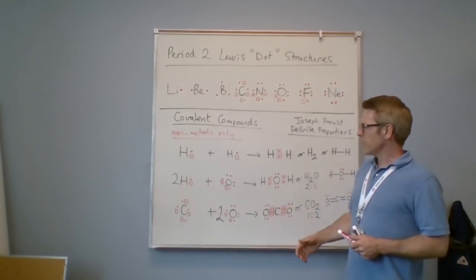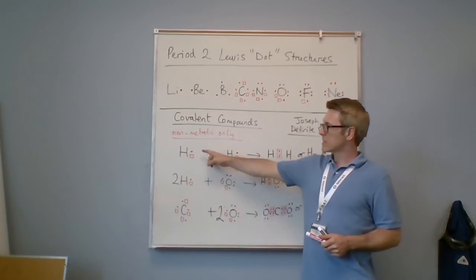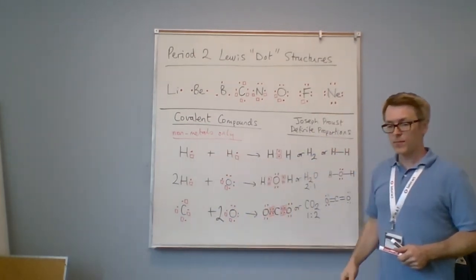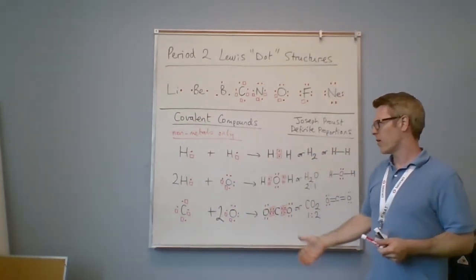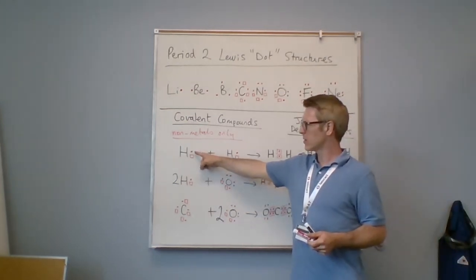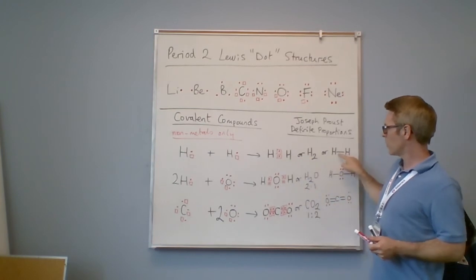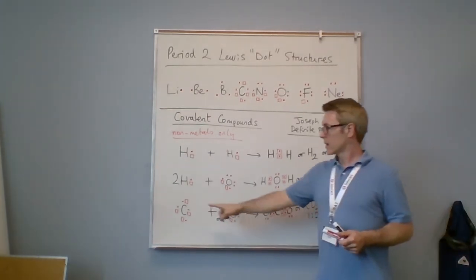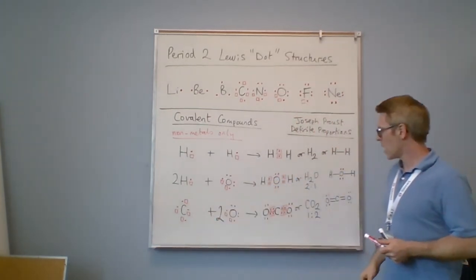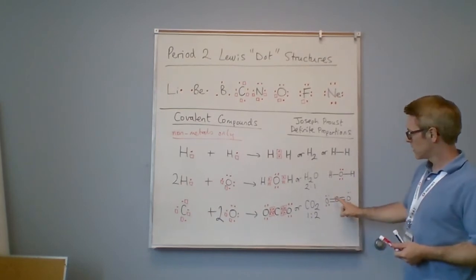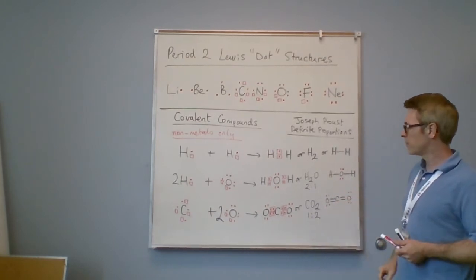One thing to notice here is that for every dot you have, that's how many bonds you want to form. So for every dot you have, and here I have one, I want to form one bond. Carbon has 4 dots, so carbon wants to form 4 bonds: 1, 2, 3, 4.